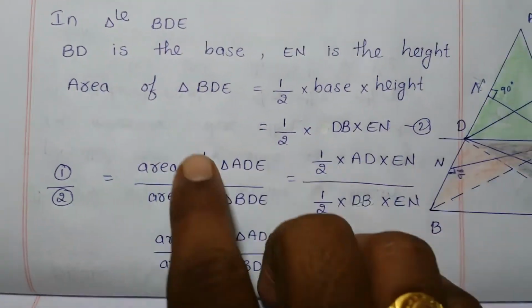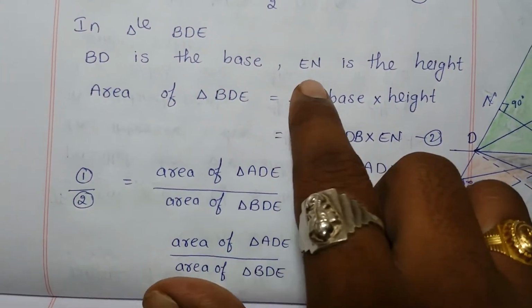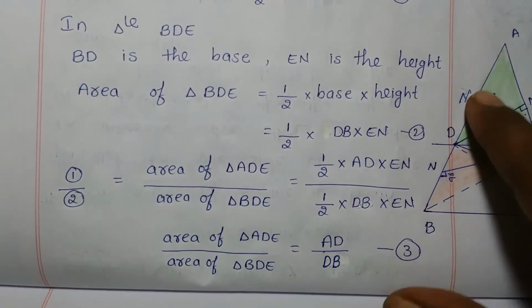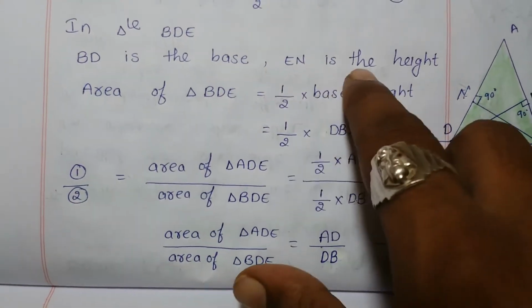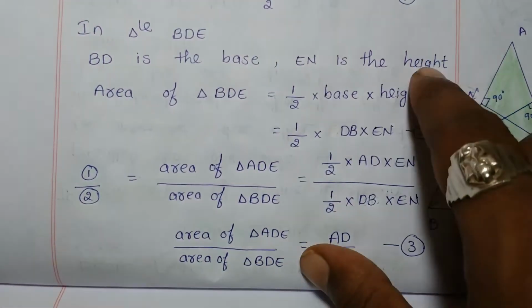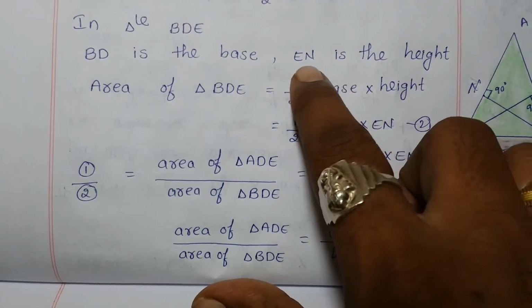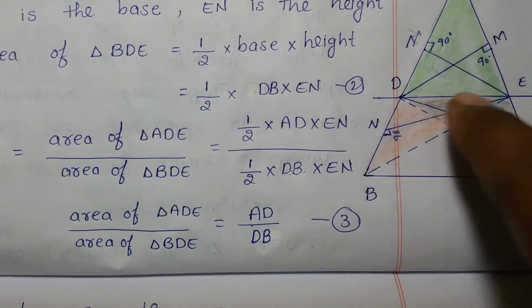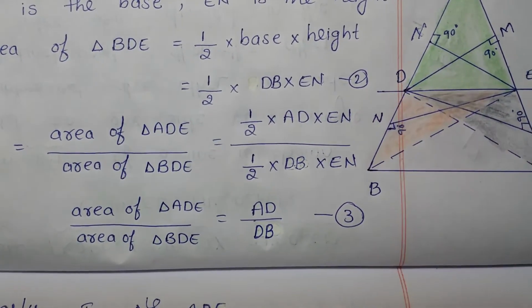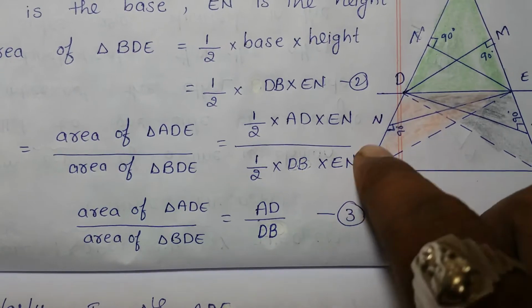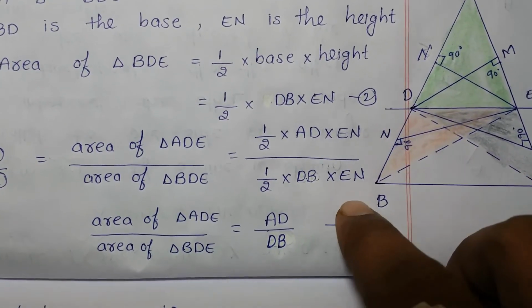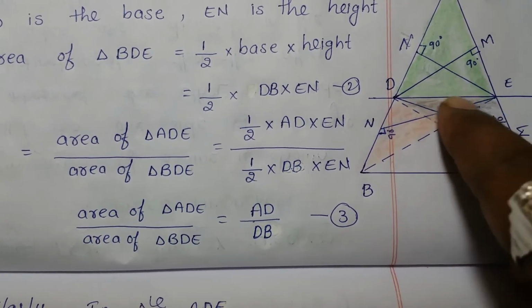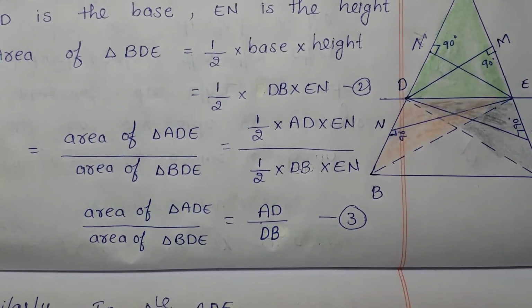Next, in triangle BDE, BD is the base and EN is the height. EN is nothing but the perpendicular drawn to the side AB. Perpendicular distance is the shortest distance. So that's why it will become the height. So in triangle BDE, base is BD or DB, both are same, and here height is nothing but EN.